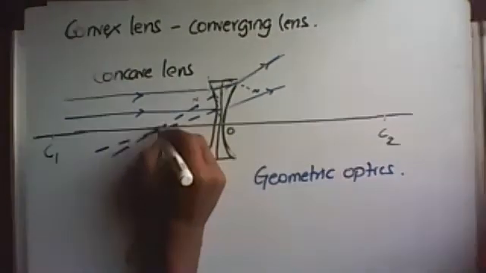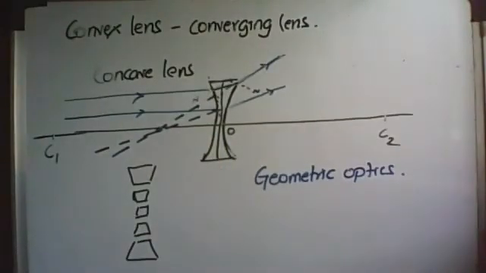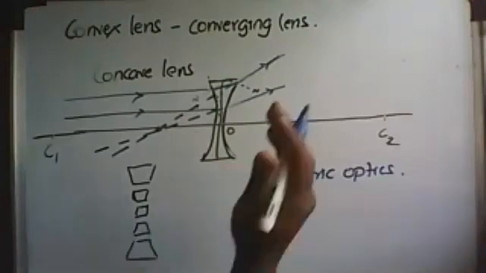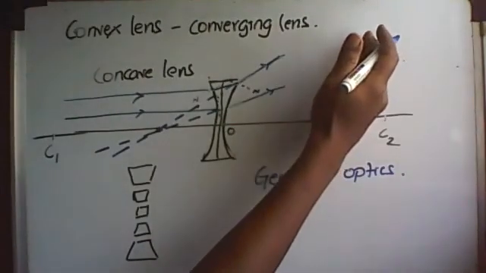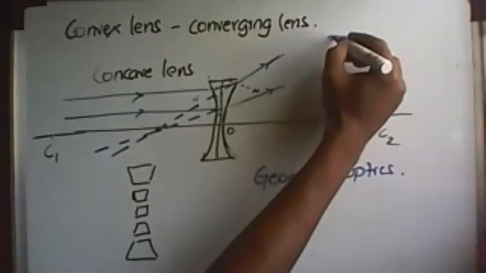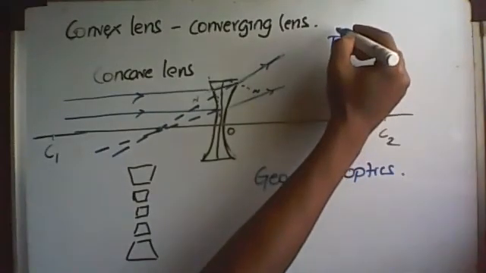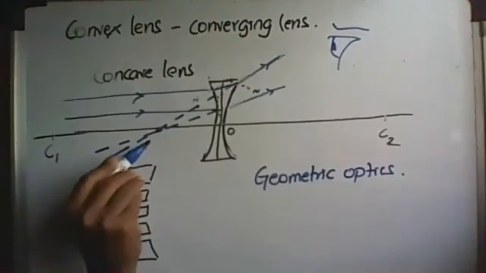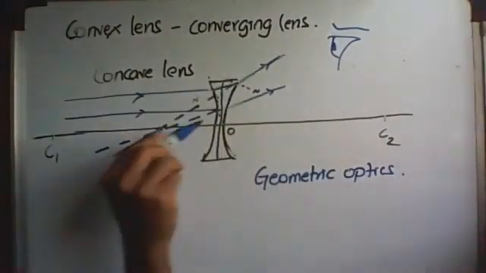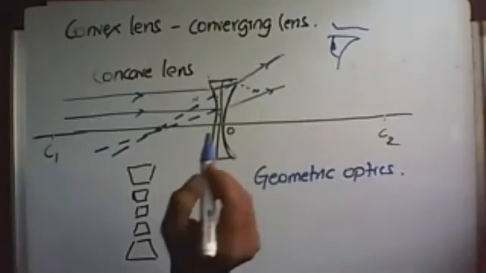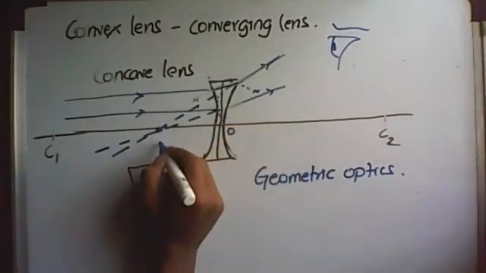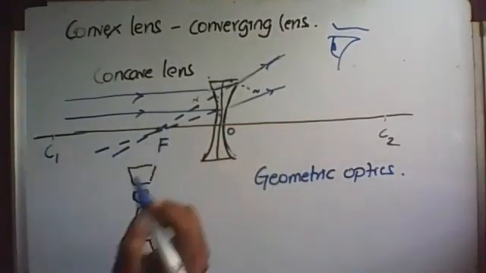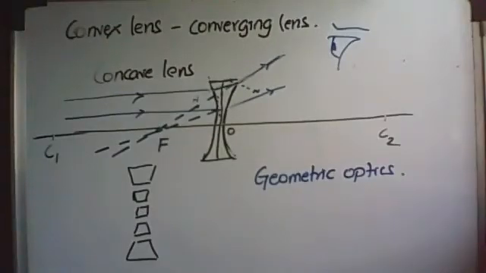So the point at which these rays seem to emerge from. So you see, for somebody who is looking from this side, what it will appear like is that the rays of light are emerging from this point. They emanate from that point. Okay. So this point over here is what will be called the principal focus.